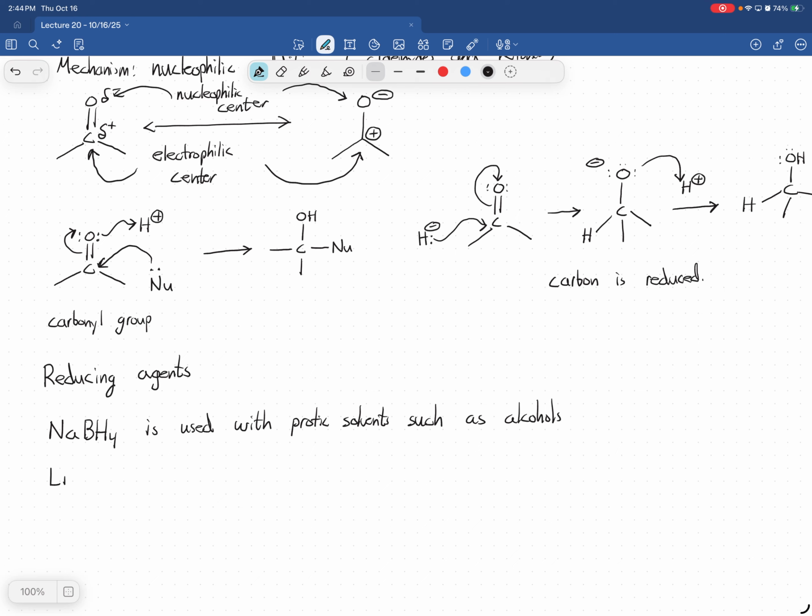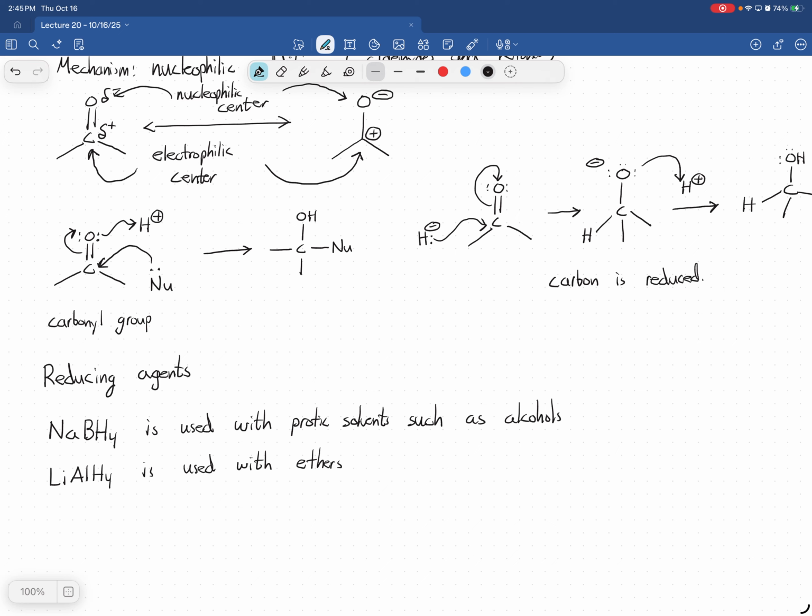Another one is called lithium aluminum hydride. That might look a little weird, but the aluminum hydride is a counter ion. So it's actually minus charge, and lithium is plus charge. So this is a complex ion as a salt. This is much stronger, and that has to do with the small size of lithium and aluminum's electronegativity. But it's used with ethers.